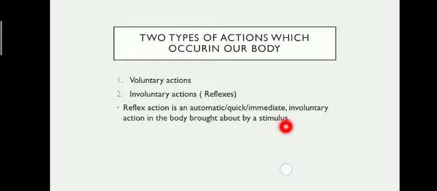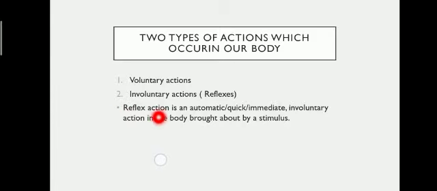Stimulus, as we discussed earlier, is a certain change that happens in the internal or the external environment, and to that our body responds. So in the presence of the stimulus, if our body responds very quickly, immediately or automatically, that type of action is named a reflex action.